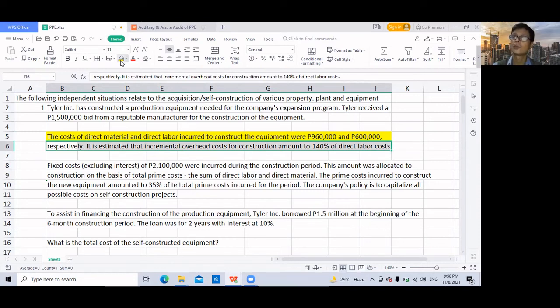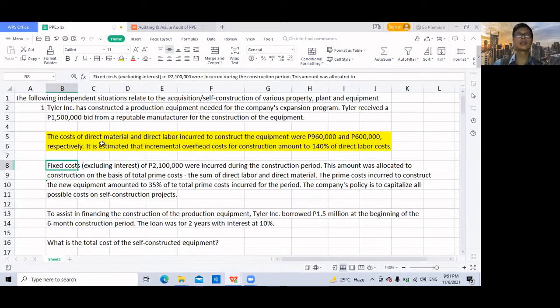As you know, especially in construction, which is also similar to manufacturing, there are materials, direct labor and overhead. In cost accounting, normally overhead is estimated based on direct labor. Fixed cost excluding interest of 2.1 million were incurred during the construction period.